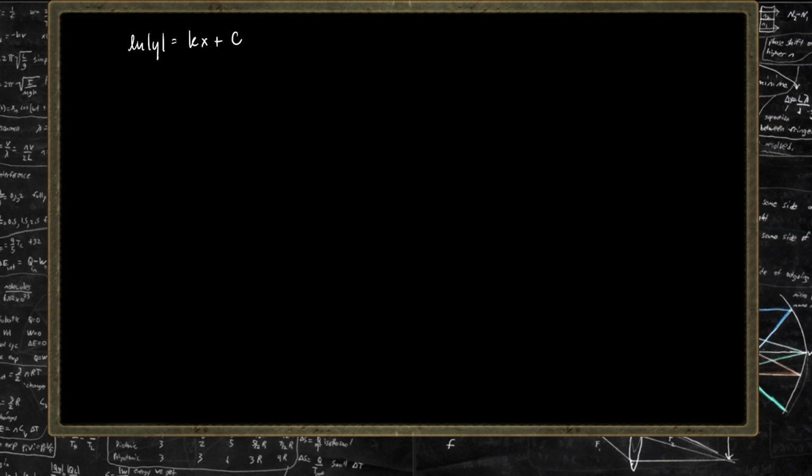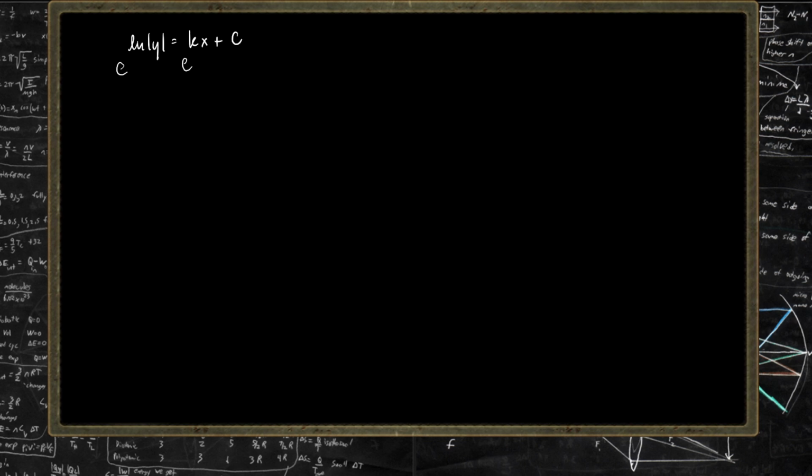All right. And then again, our goal is to hopefully solve for y. It's locked within an absolute value sign here. We can go ahead and drop that absolute value. Well, let's not do that quite yet. What we can do is raise both sides as powers of e, which we know to do to get rid of that ln.